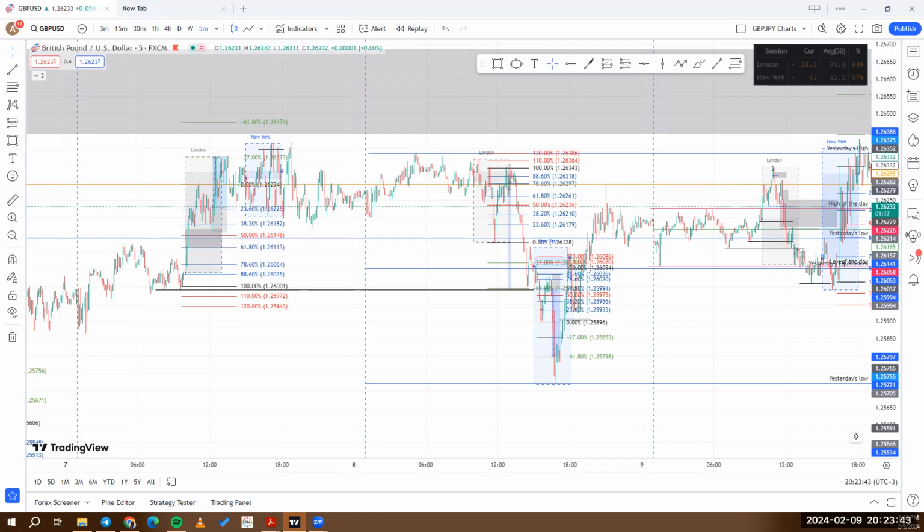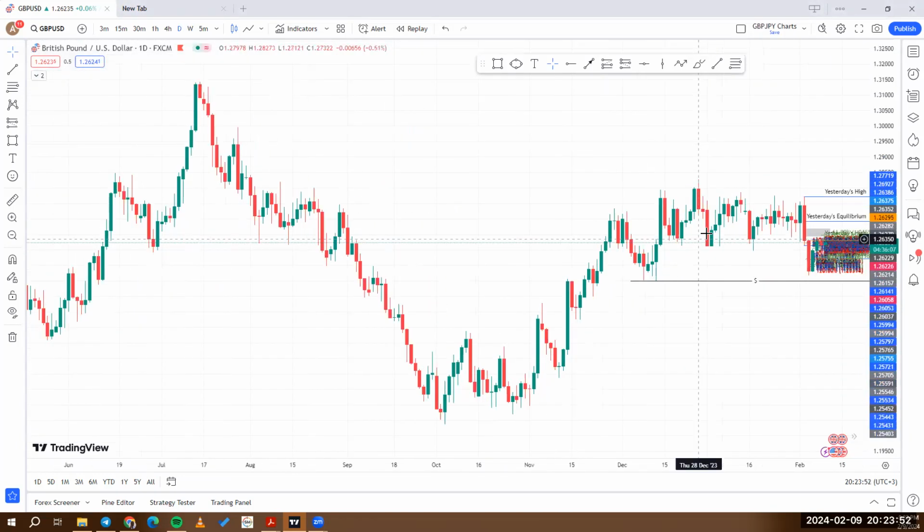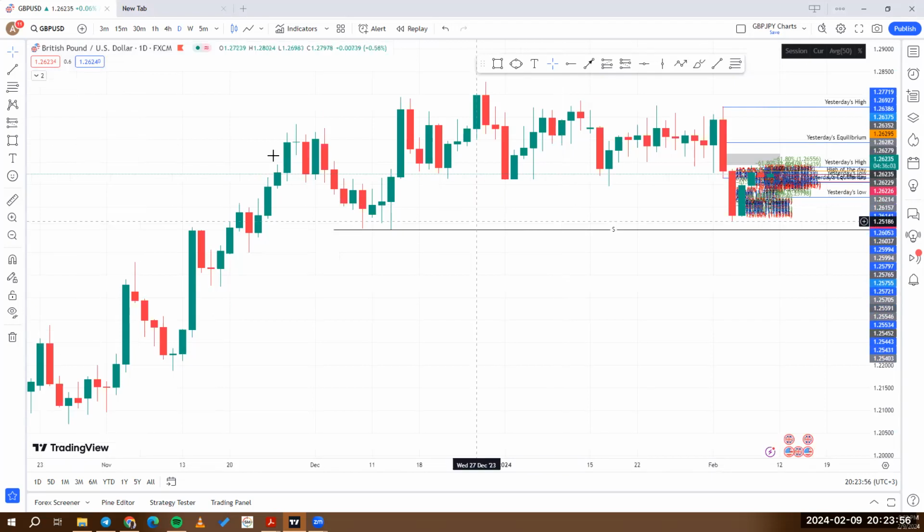That was the overall outlook on the week and how the week has been behaving. We still are in a consolidation in GBP USD.